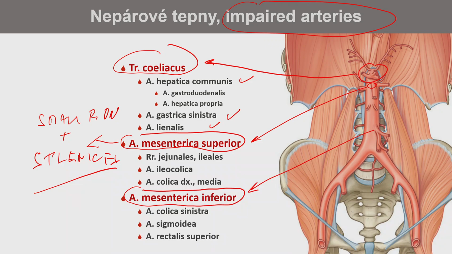The hindgut is supplied by the inferior mesenteric artery, which is arising around the L3 vertebra, and is supplying the descending colon, sigmoid, and rectum. So this is the last part of the tube, supplying the colon up to the part which is covered by peritoneum.